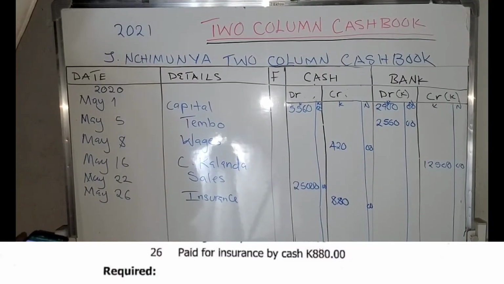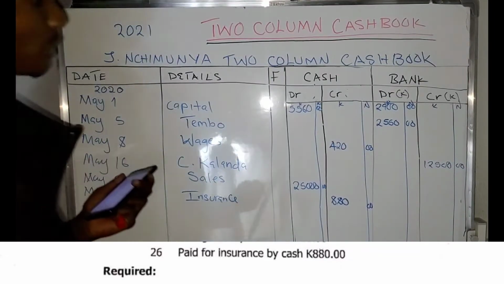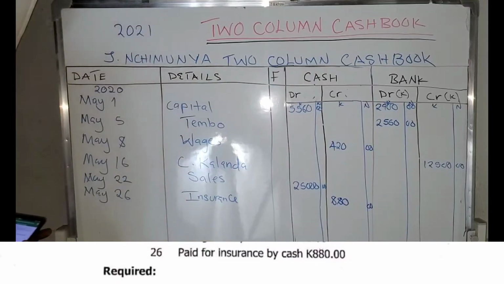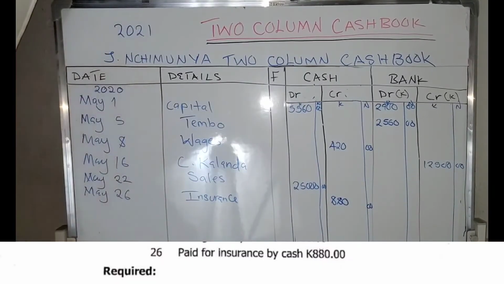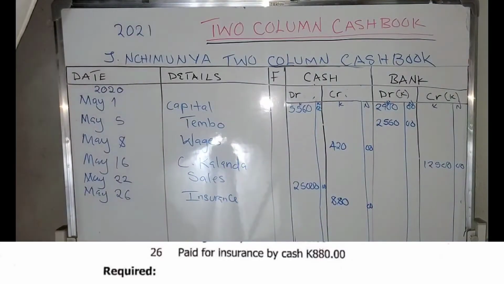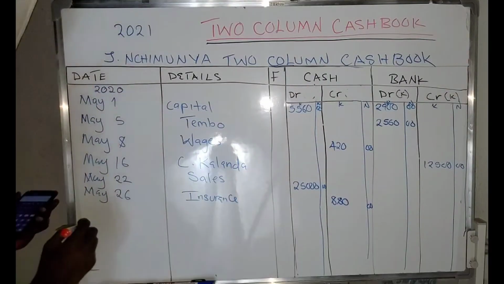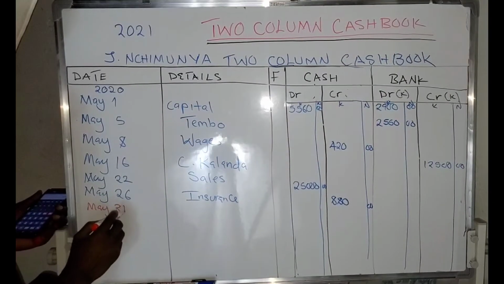Now, how do you balance this cash book? It is very simple. What you need to do is to add the totals. Since the month of May ends on 31st, we're going to write here May 31st.